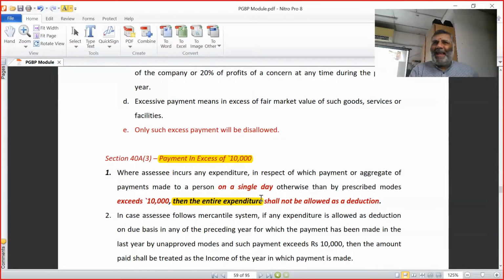So last year I allowed that expenditure, and I must reverse it because it is not allowed. I cannot go back and revise the return. So what I do is, a reversal of expenditure is nothing but income.